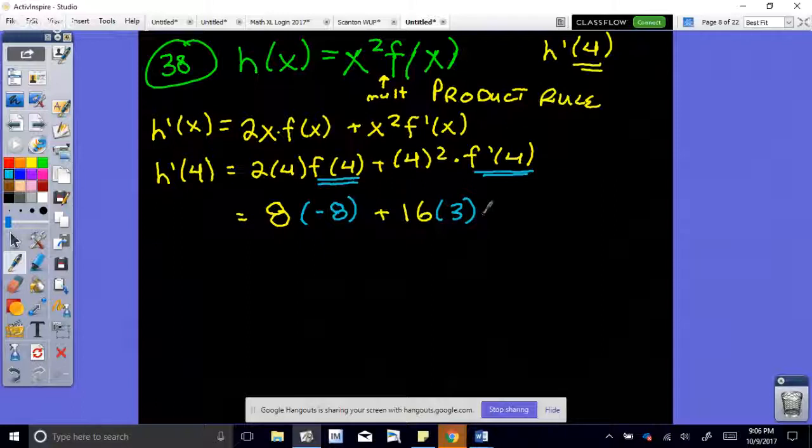Once you get those values and substitute, the rest of it is just a matter of simplifying. So 8 times negative 8 is negative 64. 16 times 3 is going to be 48. And 48 minus 64 gives me a final answer of negative 16.